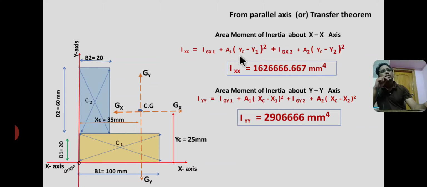Therefore yc minus y1 is the distance between the two centroids, that means cz and c1.